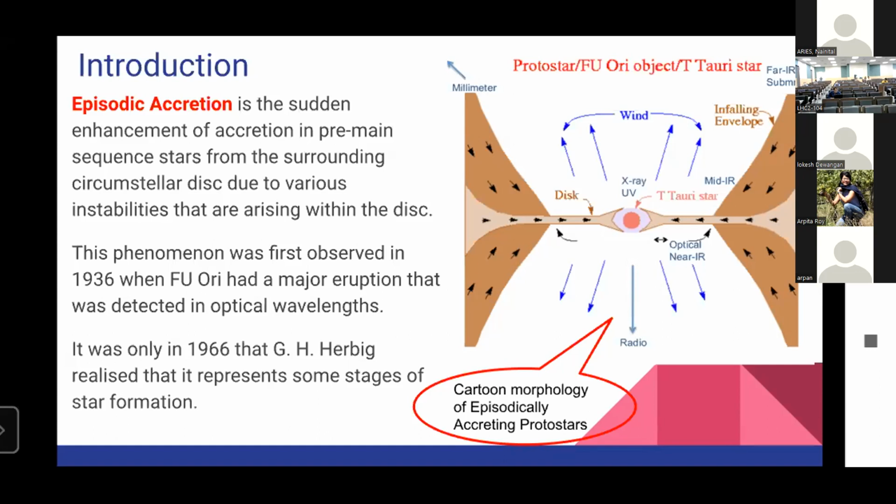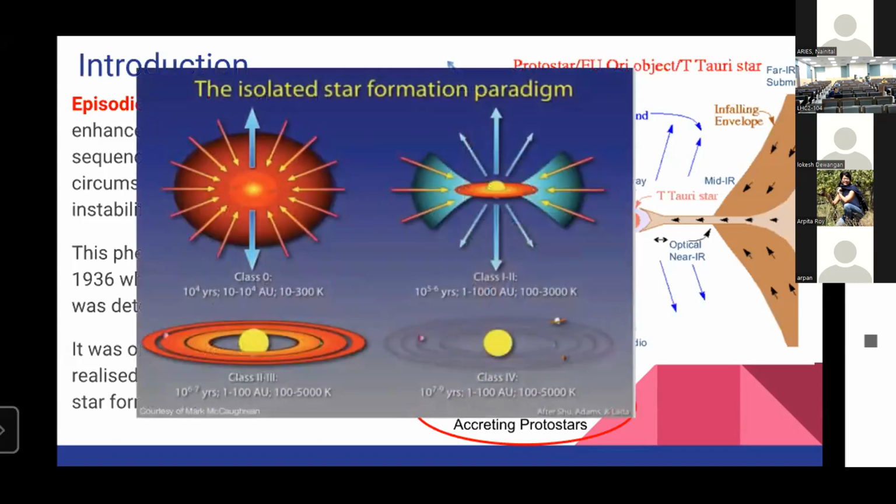Alongside, you can see a cartoon image of this kind of source and the different parts of the electromagnetic spectrum which we use to probe different parts of these objects. In the grand scheme of star formation, this is low mass star formation, where this kind of source is found. This is the isolated star formation paradigm, where in the class 0 stage the molecular cloud collapses to form a dense core in the center.